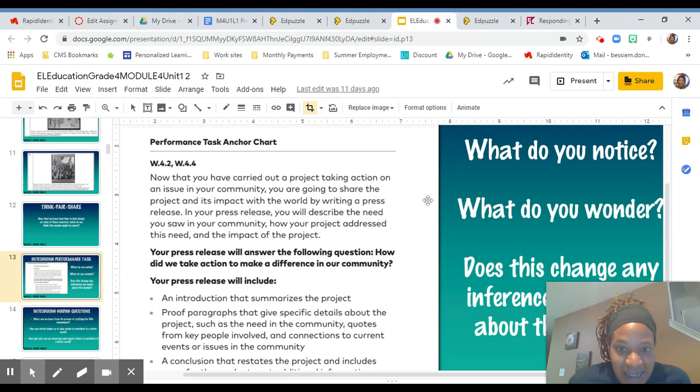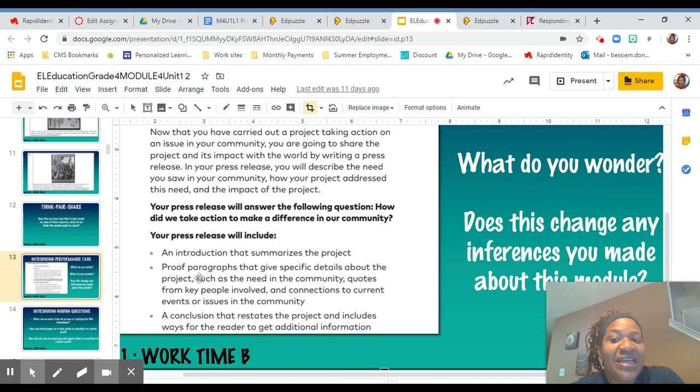We've talked about our theme, and we'll be talking about exactly what our theme is for Module 4. Our project is going to be a press release. Now that you've carried out a project taking action on an issue in your community, you're going to share your project at the end by writing a press release.